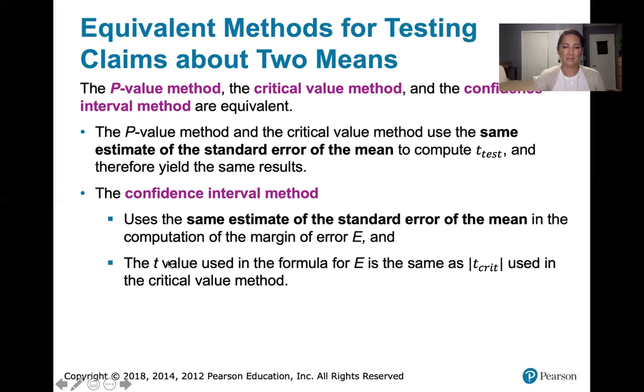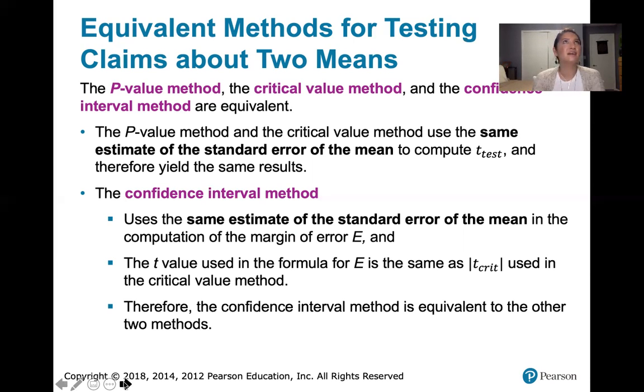We're using the same t-value here and the same standard deviation here when we compute our margin of error as we would use in the critical value method. So the critical value method and confidence interval method are equivalent to each other, and the p-value method and the critical value method are equivalent to each other. So all three are equivalent to each other.